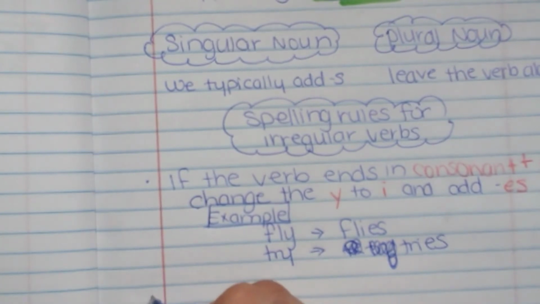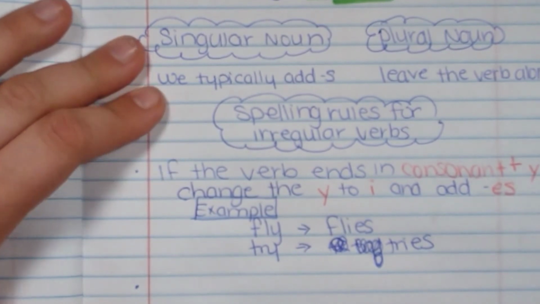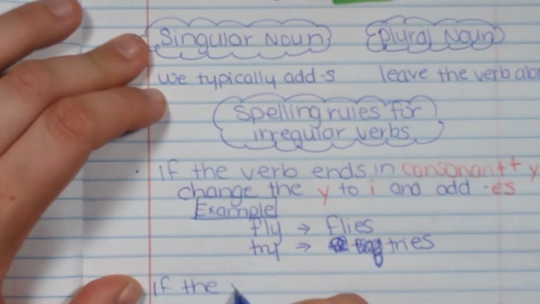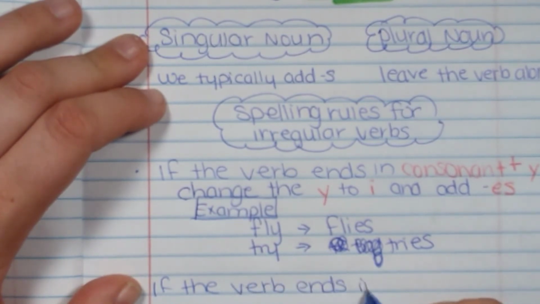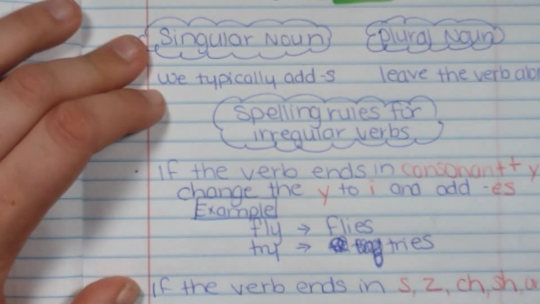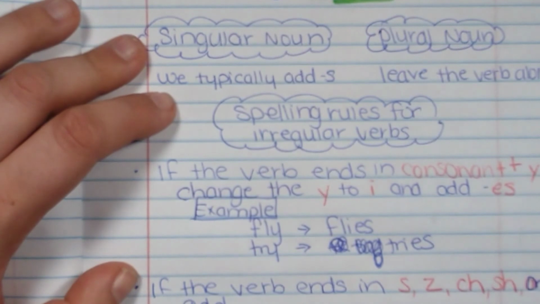The next one would be, just like with plurals, if the verb ends in S, Z, CH, SH, or X, add ES on the end.